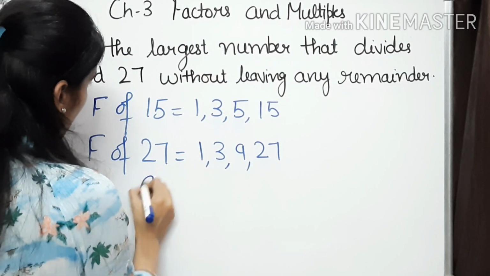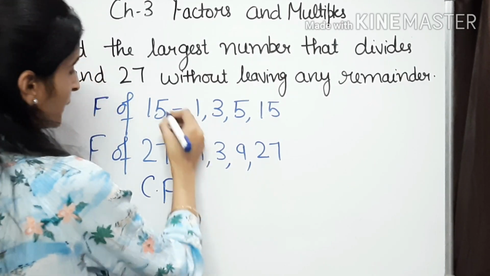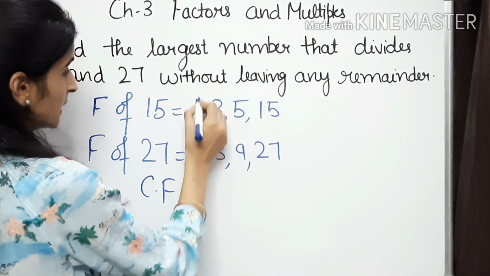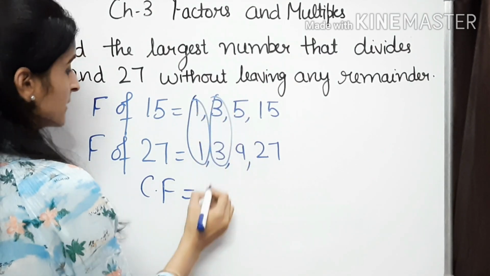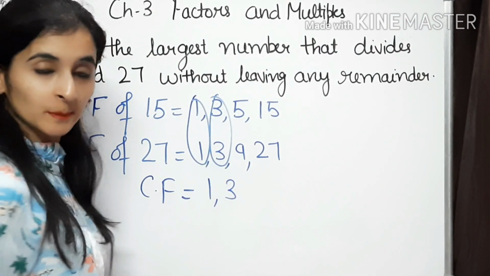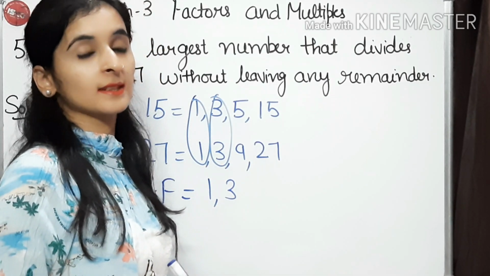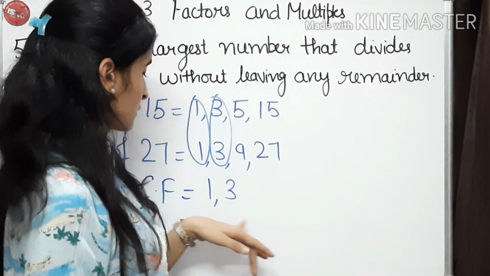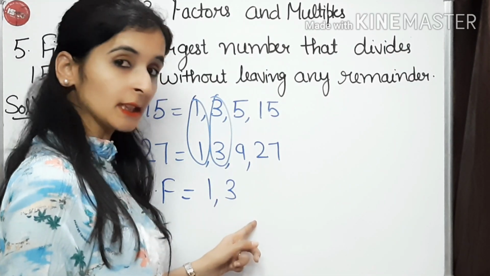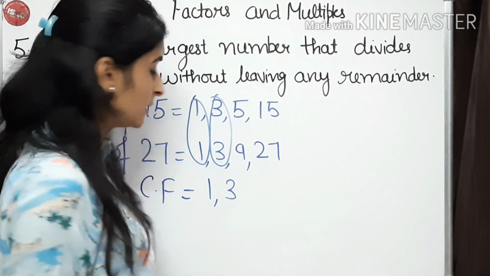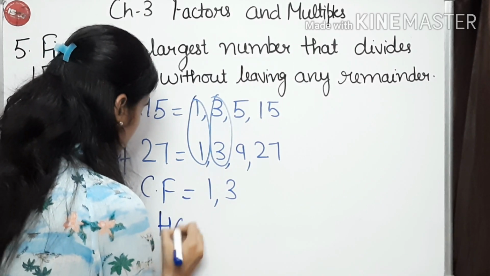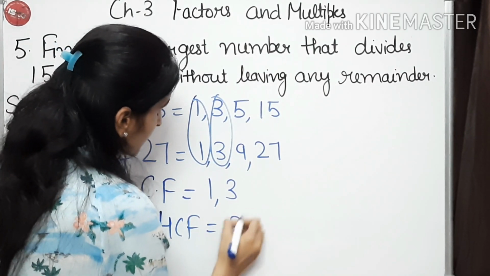After that, the common factors of 15 and 27 are 1 and 3. Now, what is the HCF? HCF is the greater number. So which one is greater, 1 or 3? 3 is greater. So the HCF will be 3.